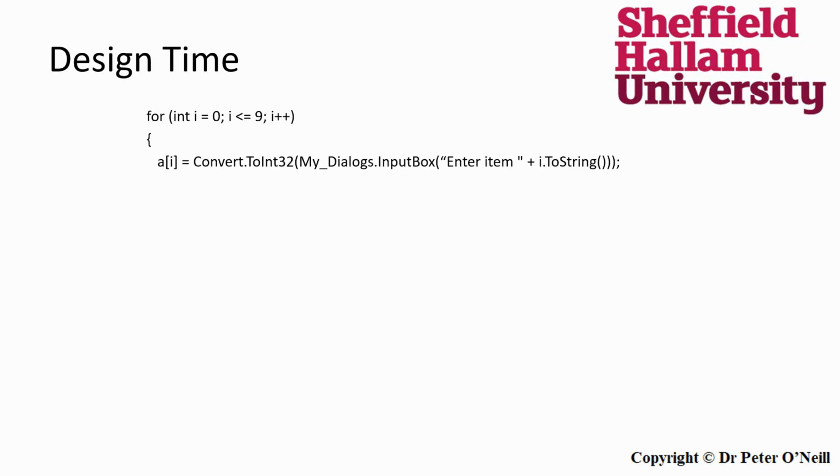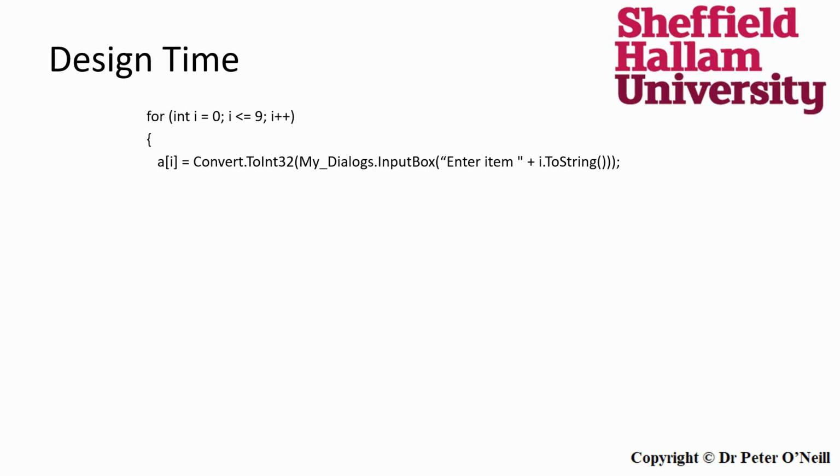So here we are, look, we've got an open square bracket i, close square bracket. So that means populate a at the offset of i, whatever comes from the input of the user. So the user can put numbers in and it will locate them into a at the offset of i.